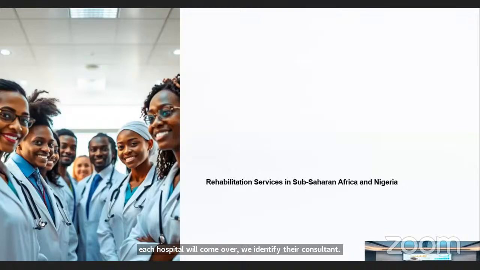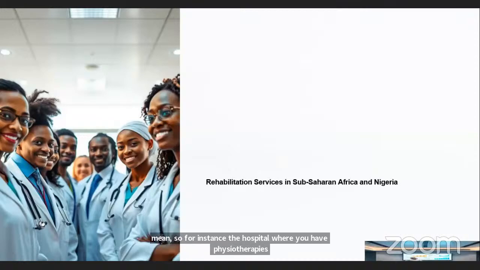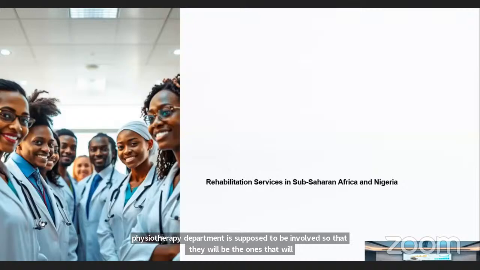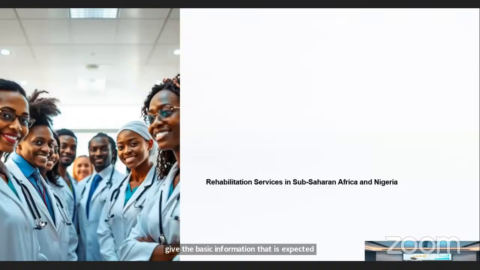But basically what is expected is that all the service providers should be sought. When the information system is to be developed, the physiotherapy department is supposed to be involved, so that they will be the ones to give the basic information expected of their clients and their services, so that it is inputted into it.